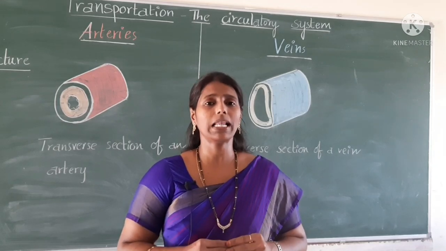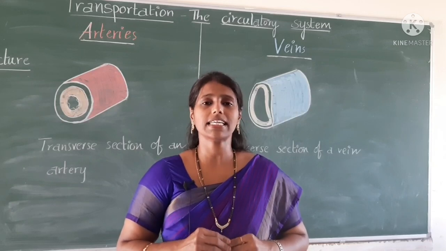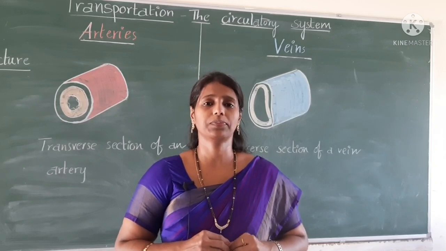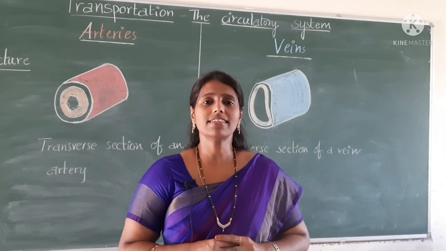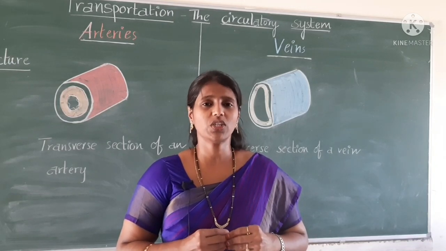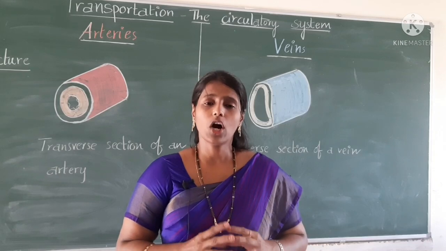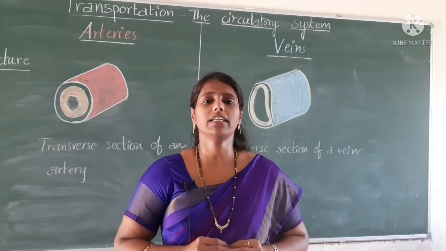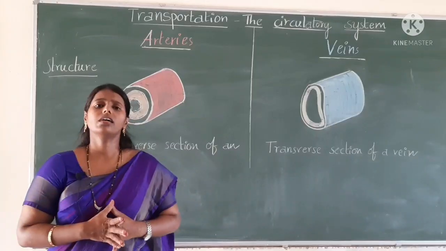It is the pulmonary artery. The word pulmonary indicates it is related to lung. Now, on the other hand, veins are the blood vessels which carry deoxygenated blood, that is oxygen poor blood from the body parts to the heart.